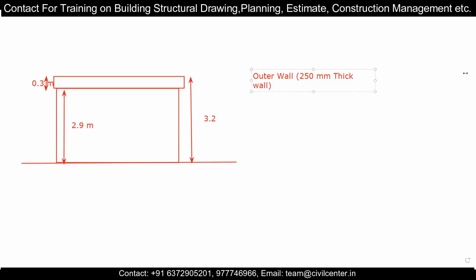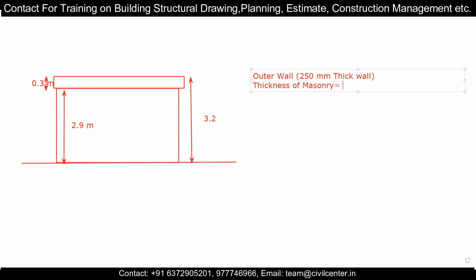So here let's do the calculation. Regular 250 mm wall. The first criterion is the thickness of brick or masonry.